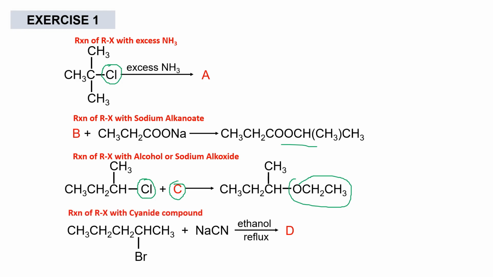The fourth reaction is haloalkane with a cyanide compound. In this case, we use sodium cyanide instead of potassium cyanide. So the bromine atom from haloalkane will be replaced with the cyanide ion to form a nitrile compound as a product.